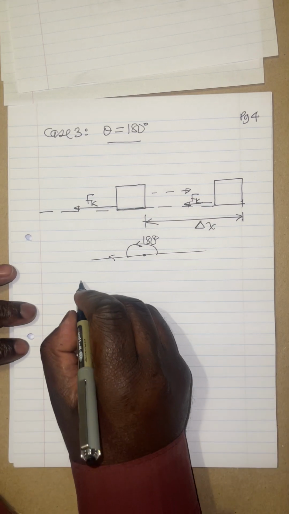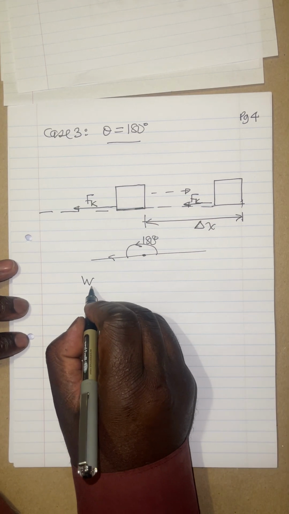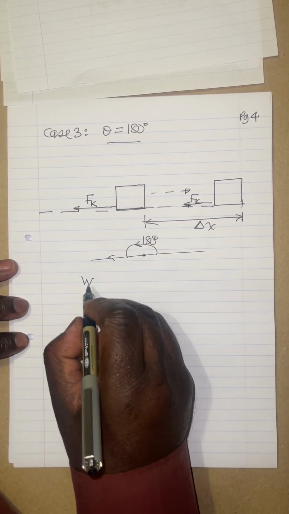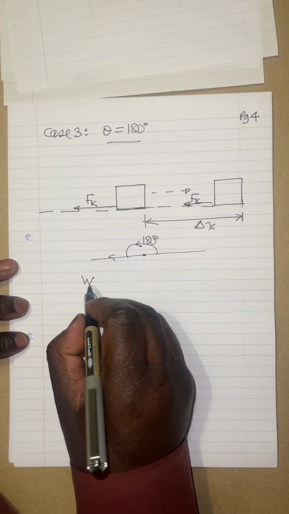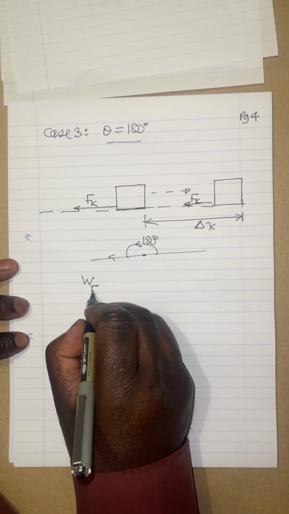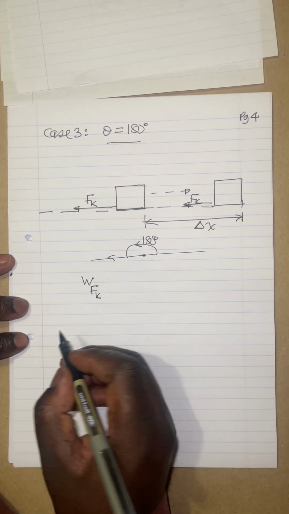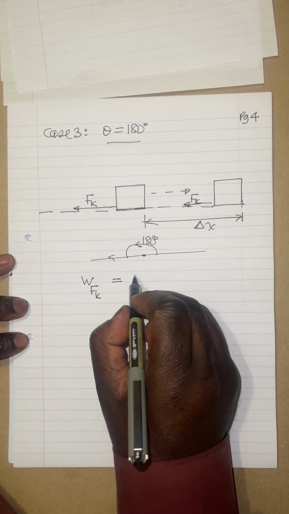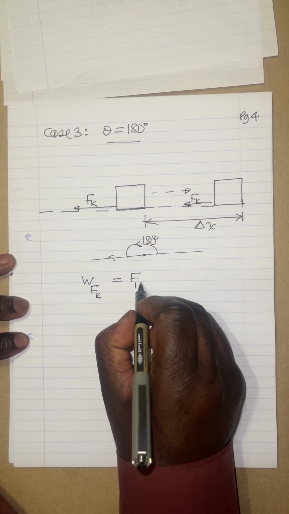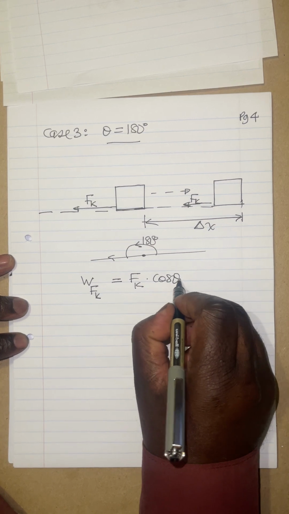So let's look at work done by frictional force, W. I'm going to take this and put it here, Fk, that's work done by frictional force. What are we saying? It's going to be the frictional force by definition times cos theta times delta x.